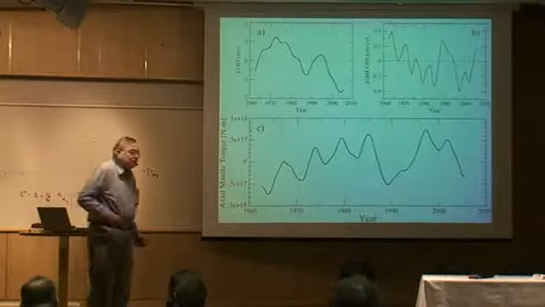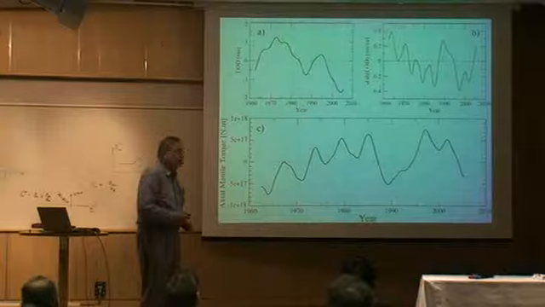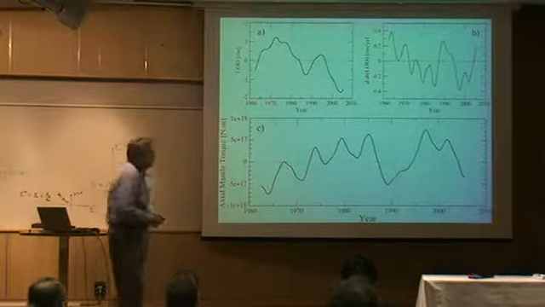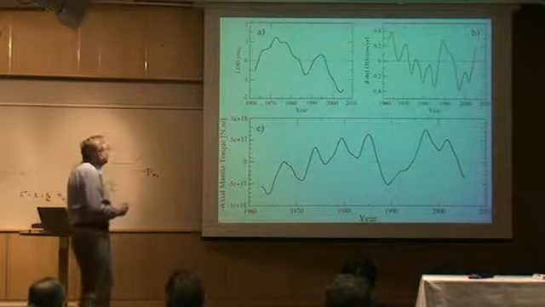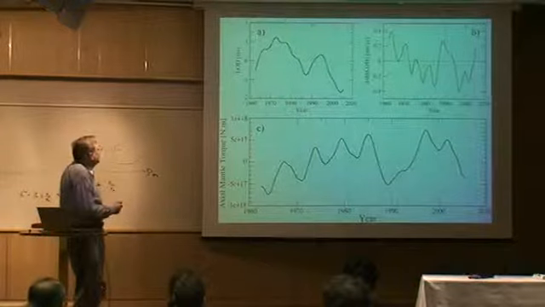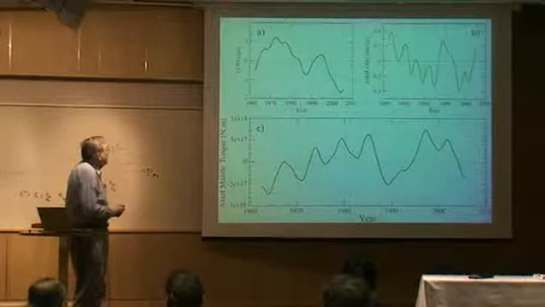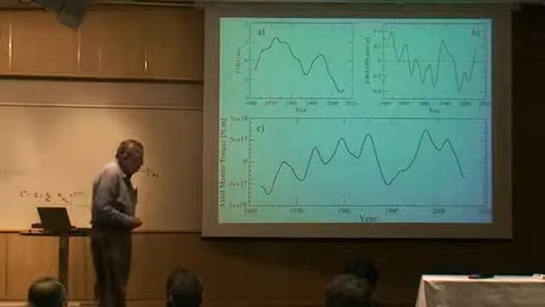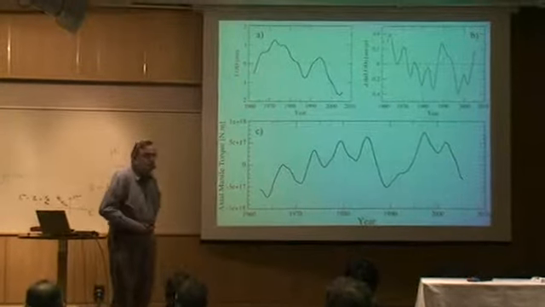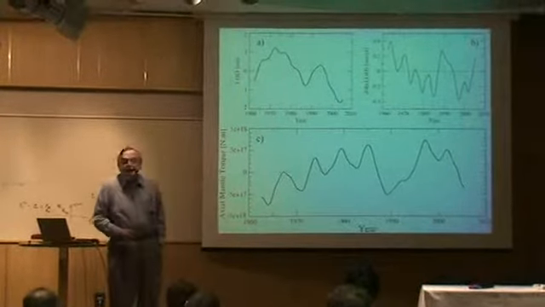Now this is the evidence that's come to light over the last decade. This is the length of day, LOD, in milliseconds. And as you can see, it's changing. This is entirely due to forces within the Earth.